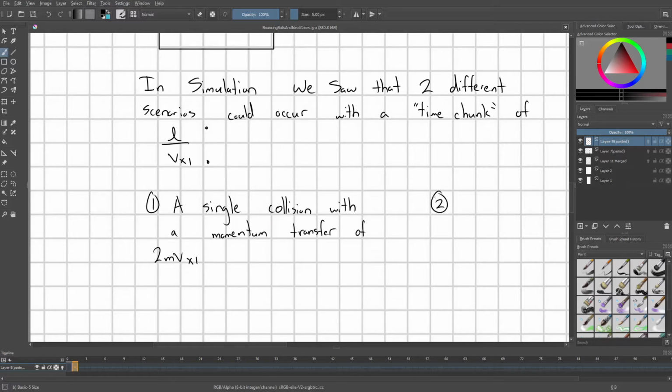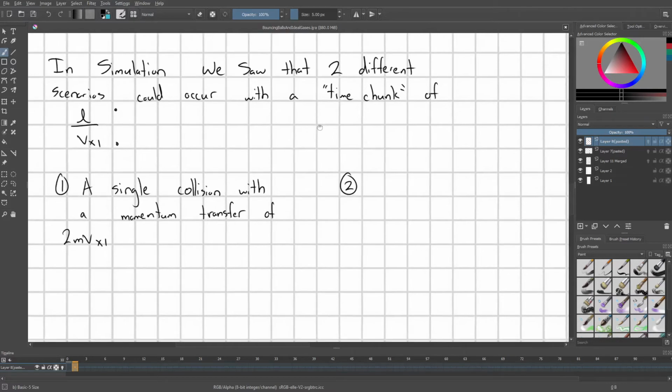And then situation 2 was we had two collisions with momentum transfers of 2mvx2 and 2mvx1.